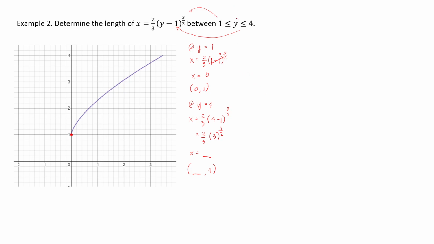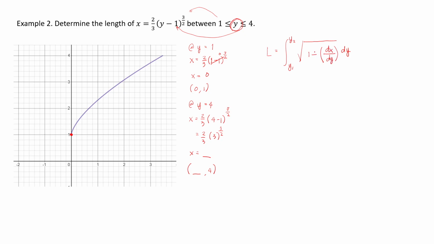Okay, so notice that we are now in the y direction. So the formula is now shifted into its y version. So this is going to be the square root of, again, since we are in dy, this one should be in the y direction, and in the parentheses, dy is in the denominator.